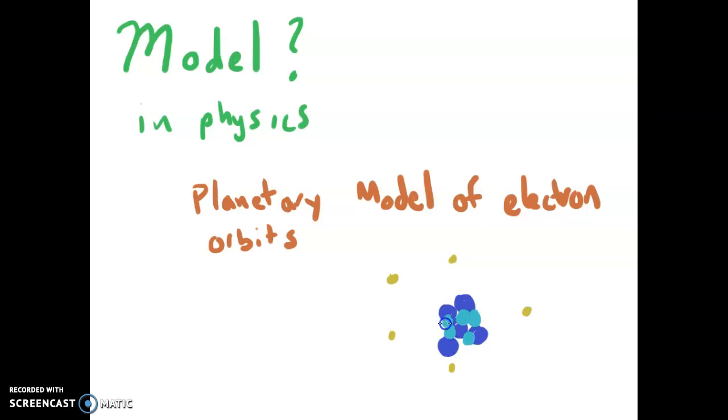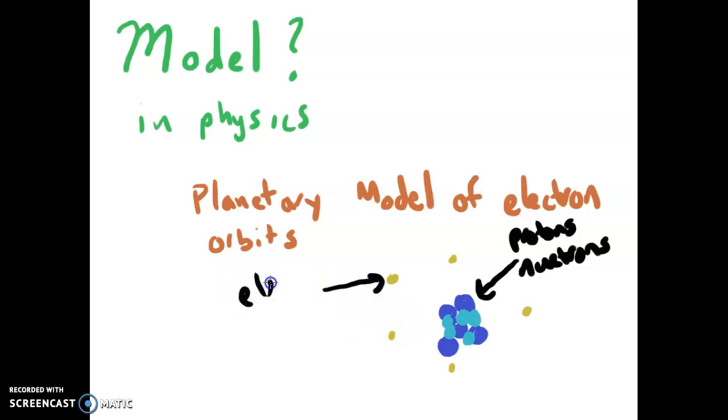And in this model, right, so we have this clump of, let me label it here for you, protons and neutrons, and orbiting them we have our electrons. Okay? And so what I've drawn for you right here is what makes up an atom.